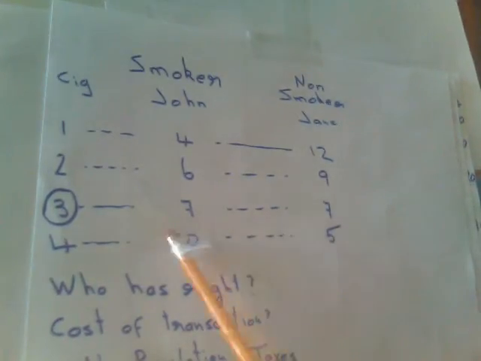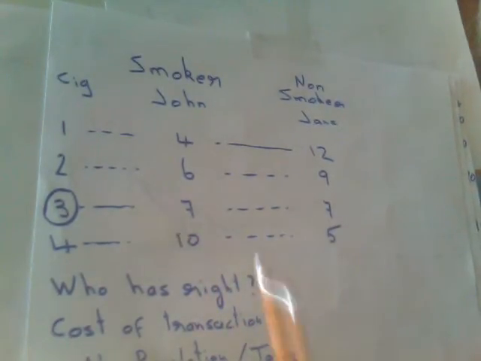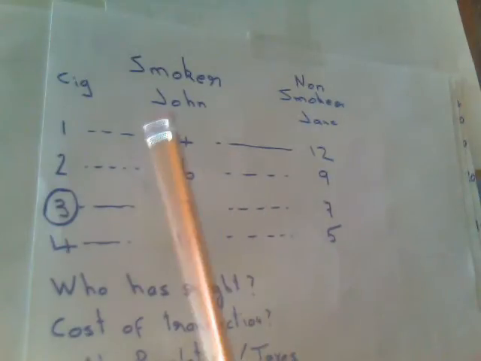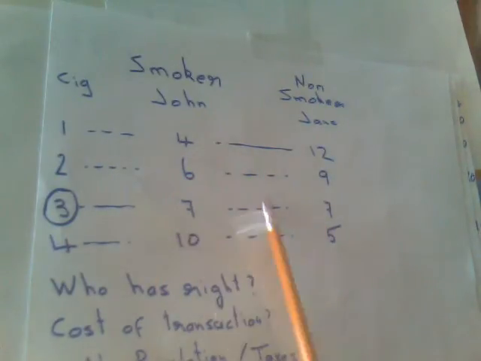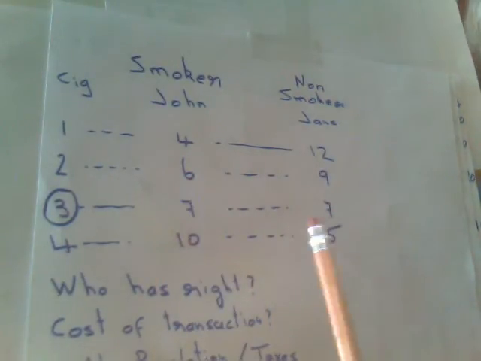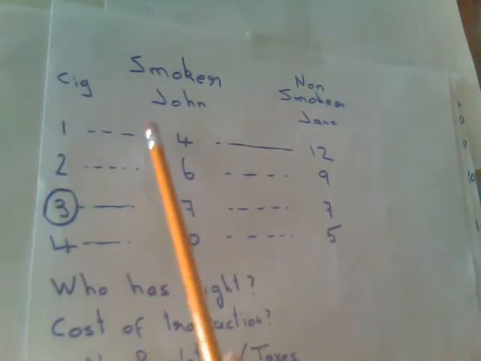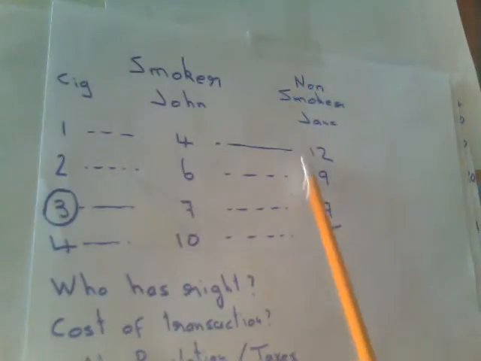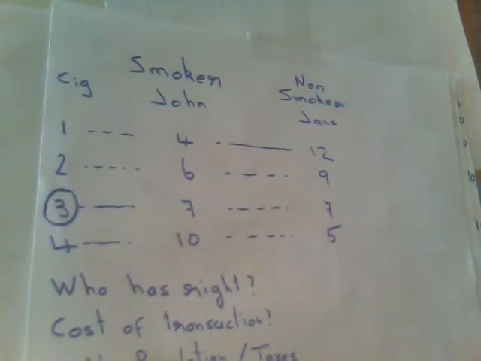Now, both of them, over here, it means the same amount, that cigarette. So they will agree, therefore, on cutting 3 cigarettes. They will cut a deal between them, whereby the smoker will cut down on 3 cigarettes, and the non-smoker will pay the smoker for not smoking.